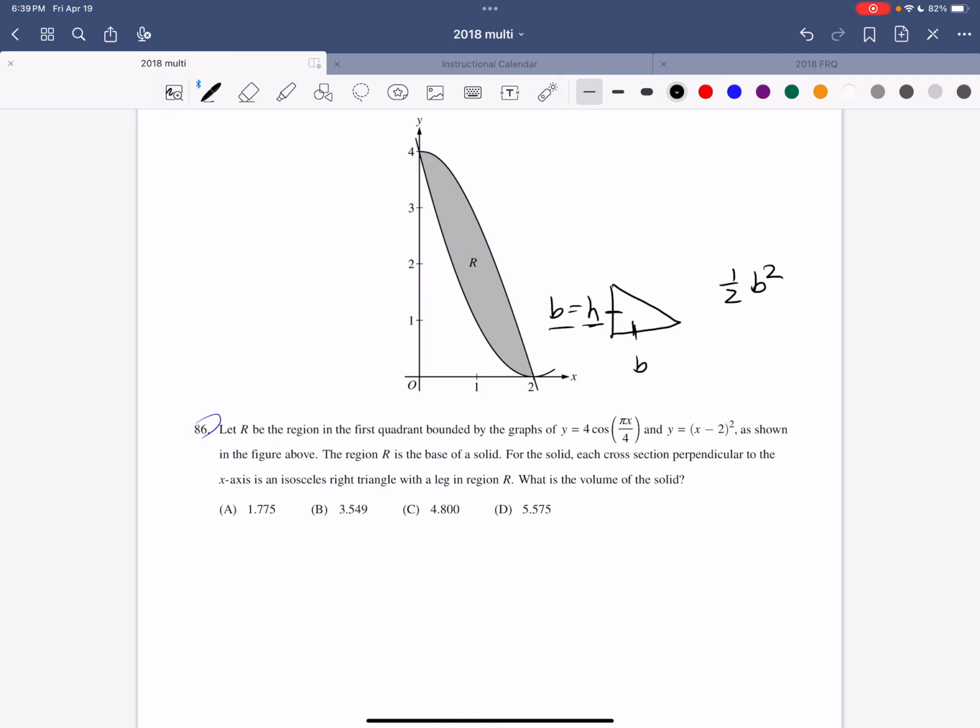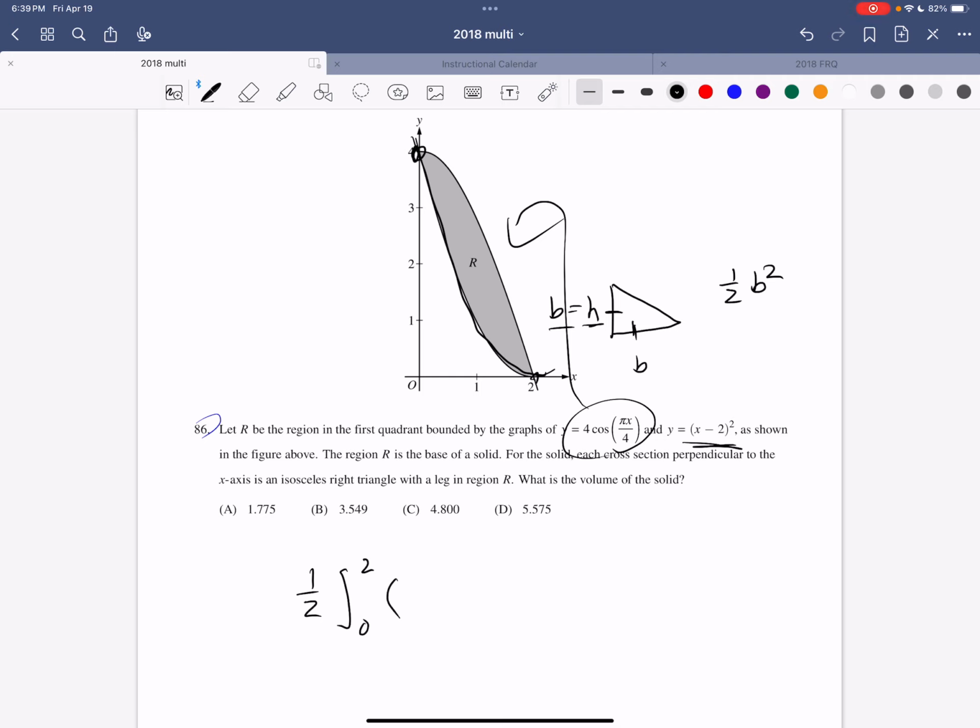So this is going to be this, and this one is going to be this. So when you actually do the integral bounded from 0 to 2, 1/2, what I'm going to do is top minus bottom.